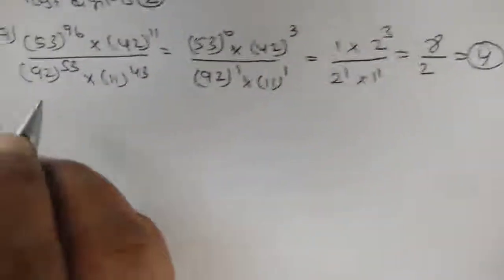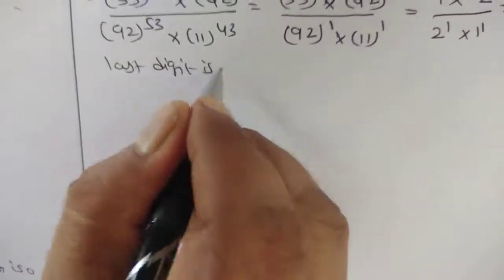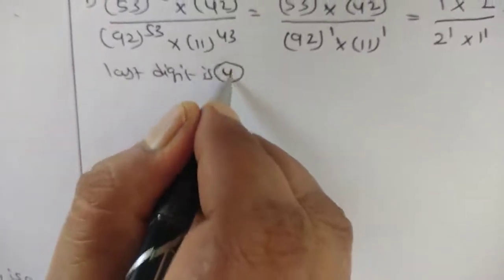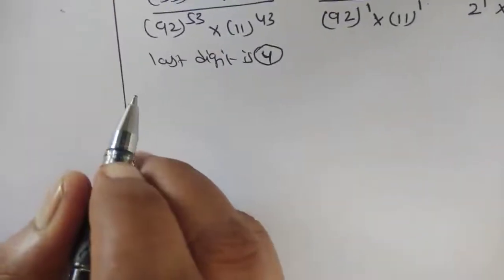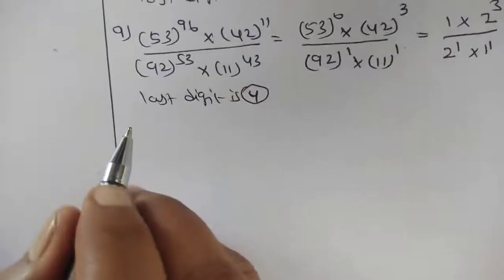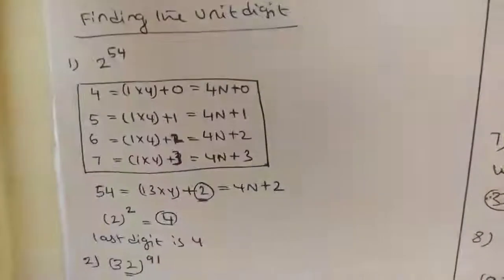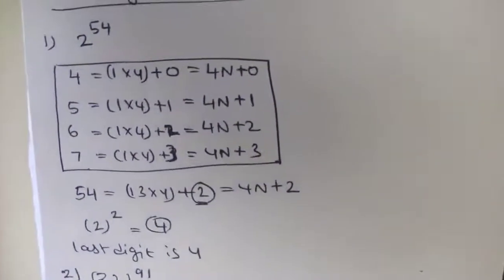So last digit will be 4. I think it will be easy to solve this problem. Like this, any number is given, you use this formula 4n plus 0, 4n plus 1, 4n plus 2, 4n plus 3 system.